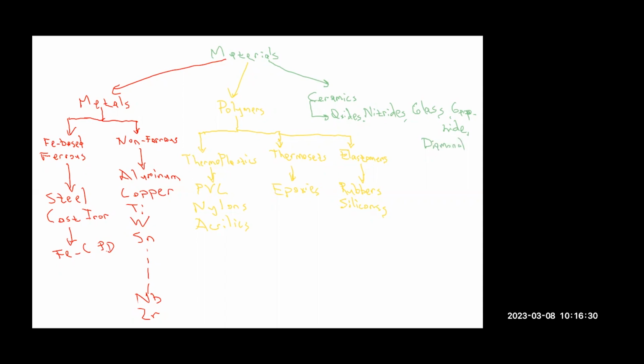And if we combine any two categories and we get better mechanical properties, we call it composites. Any example?